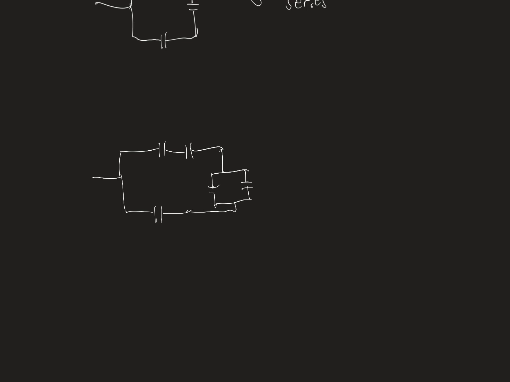Then I'll call the equivalent capacitances C1, C2, C3, C4, and C5. I leave C1 and C2, combine C3 and C4 into C34, and then C5.